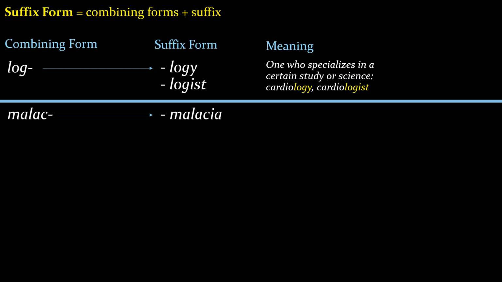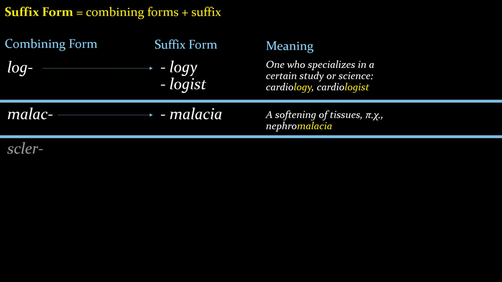To anybody who is snickering at malakia, I can't comment on it here. So, a softening of tissues, for example, nephromalacia. If you know that malacia is softening, and you remember that nephro is kidney, then you'll know what a nephromalacia is, or nephromalacia, as some people say.